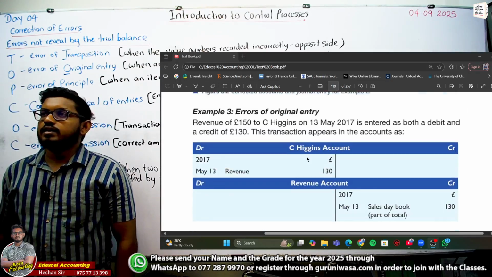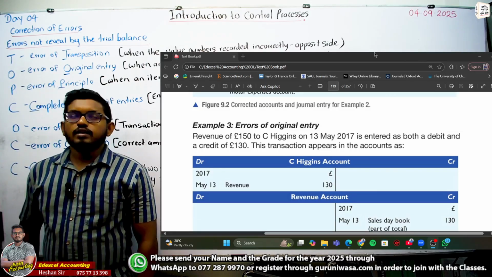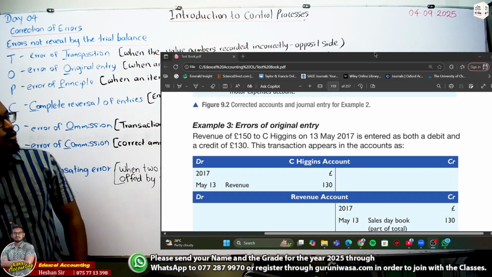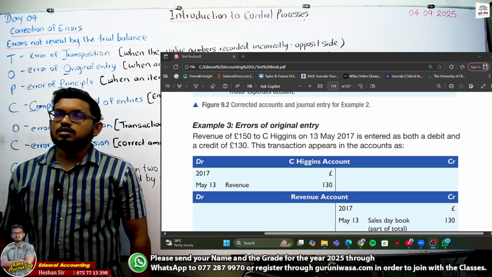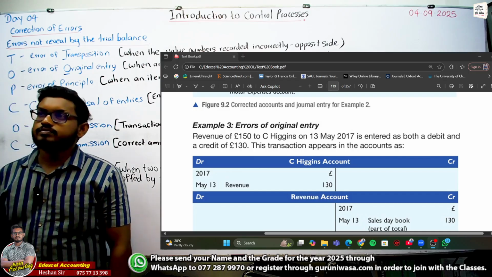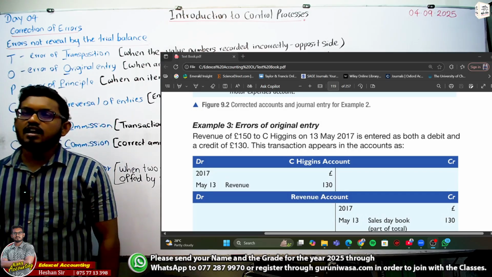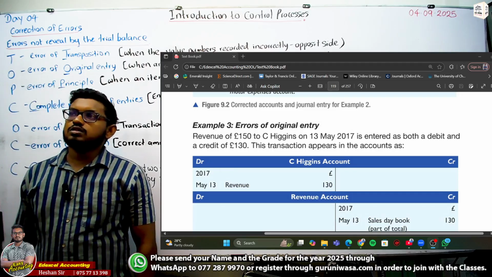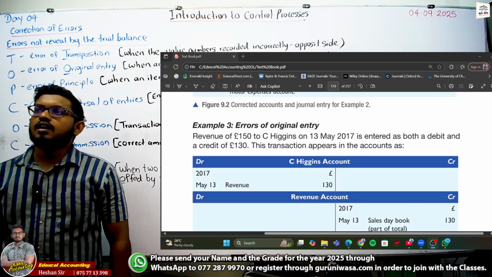To record it. Errors of original entry means incorrect amount. Revenue of 150 to C Chang on 13th May 2017 is entered as both debit and credit 130.